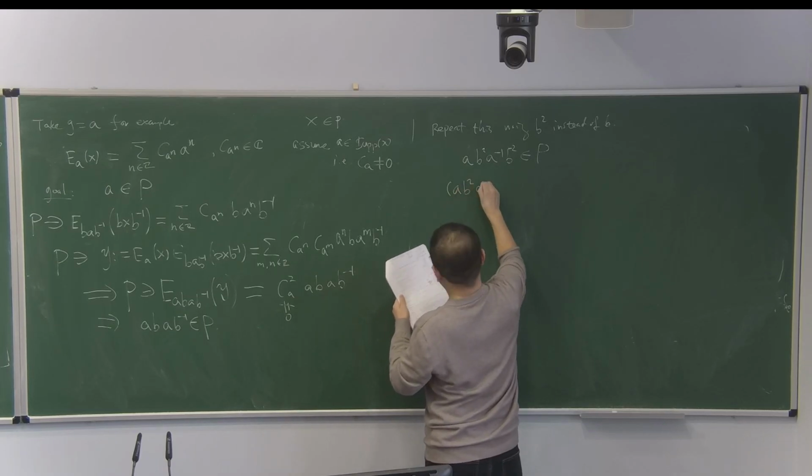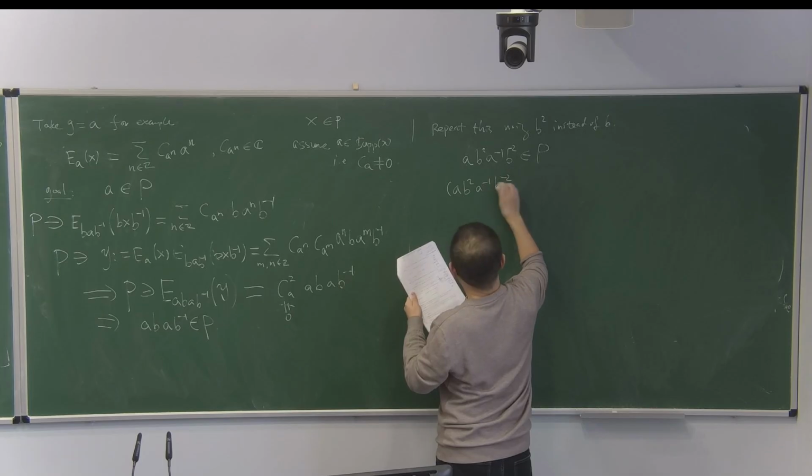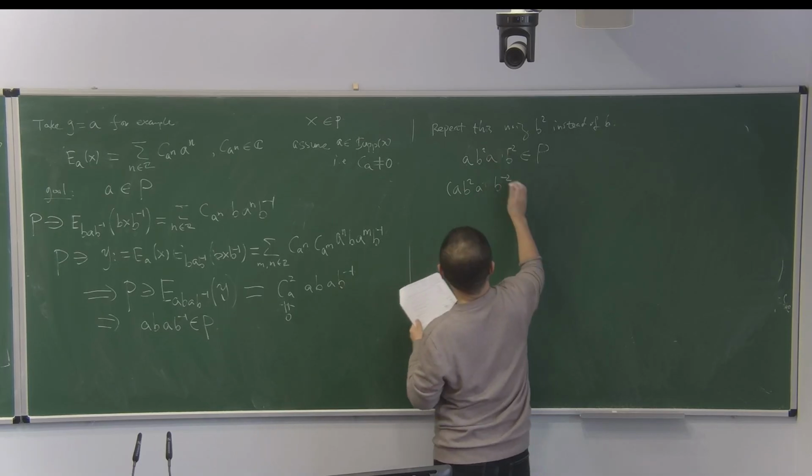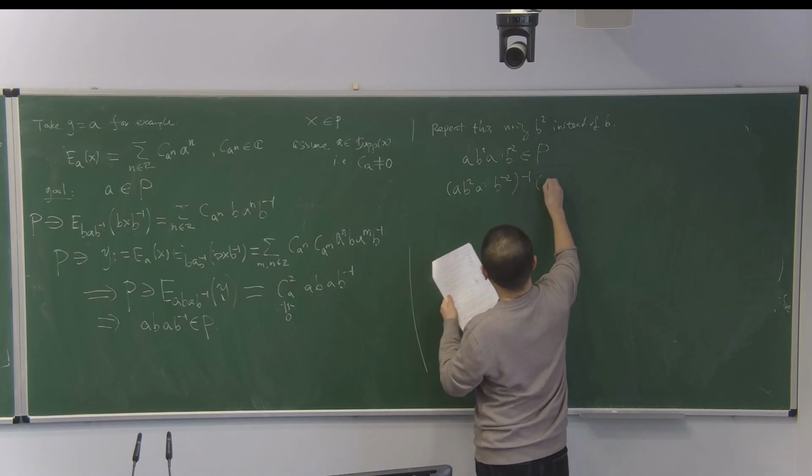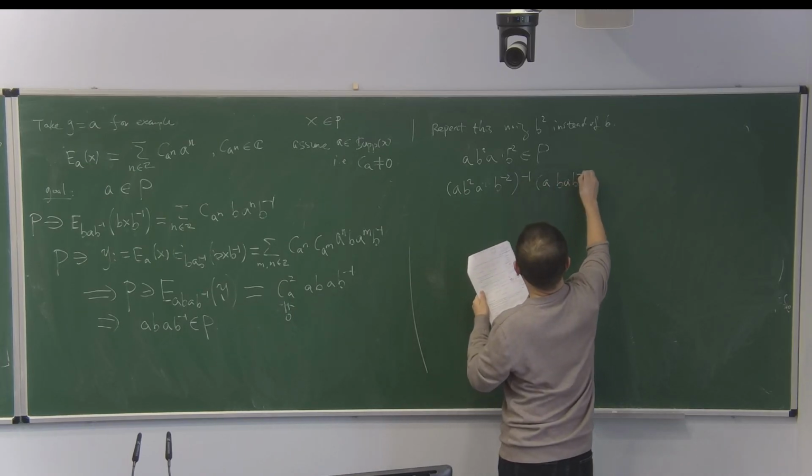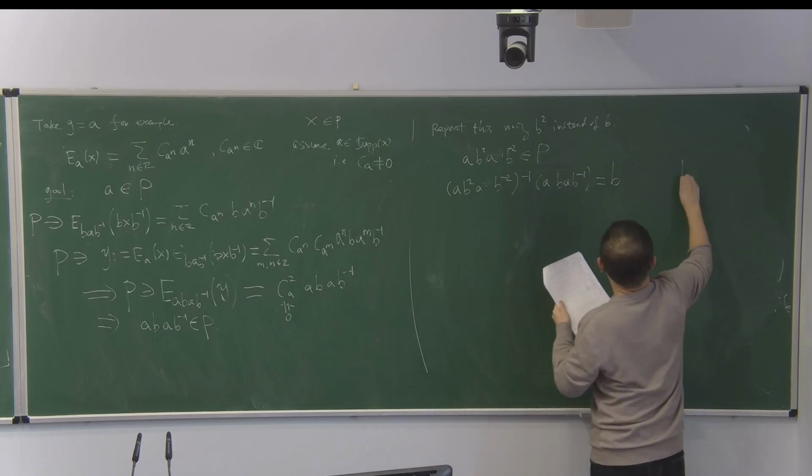Now you compute it. A B squared A inverse B. This is A, I think, yes. Minus 1, B inverse is actually just B conjugation.